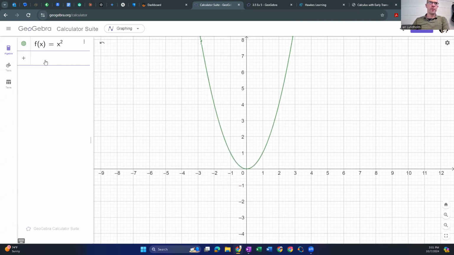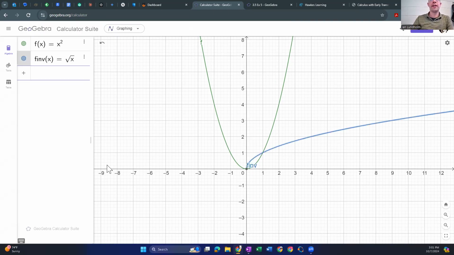We were also interested in f inverse. We know that it is the square root function.